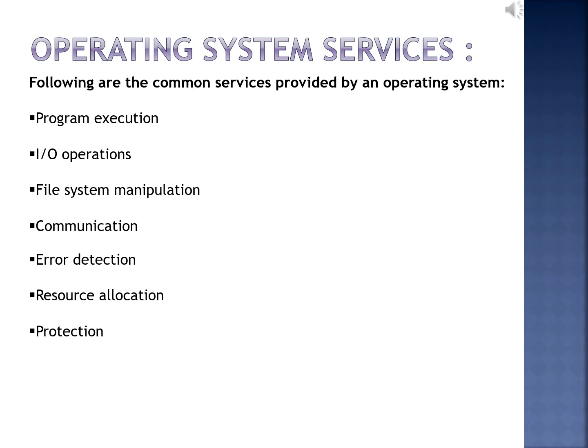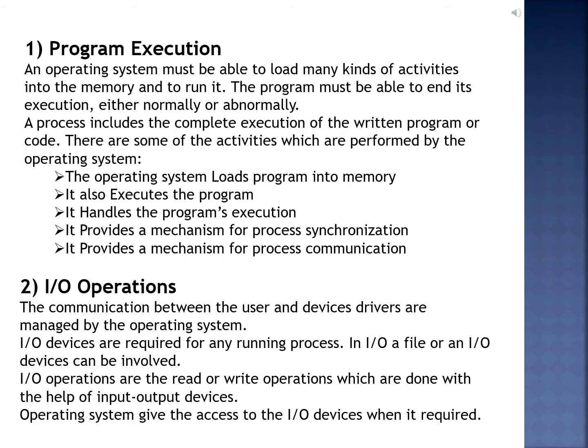Now we are going to discuss the following common services provided by an operating system: program execution, input-output operations, file system manipulation, communication, error detection, resource allocation, and protection. Now, what is program execution?